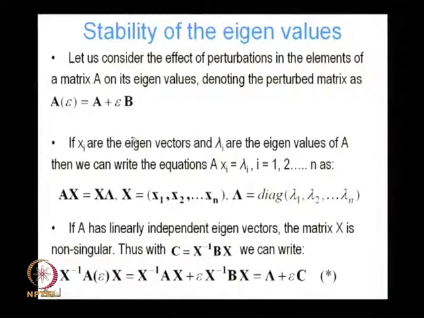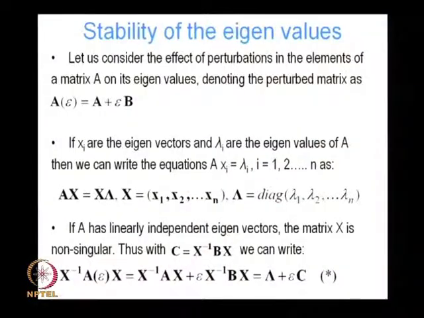First, let us assume that A has linearly independent eigenvectors. So the matrix X is non-singular. What is the matrix X? Since xi are the eigenvectors and lambda i are the eigenvalues of A, we can write the equations A xi equal to lambda i xi.